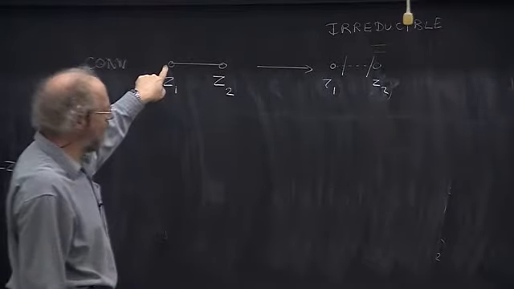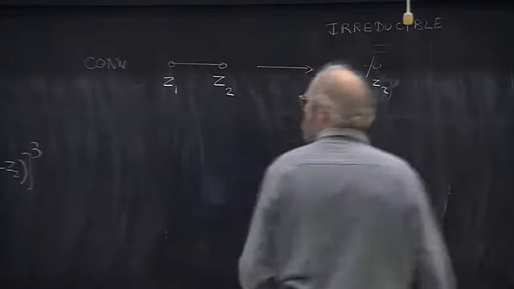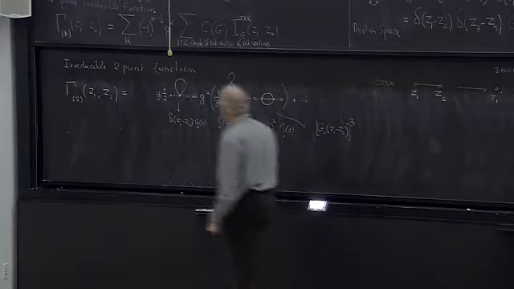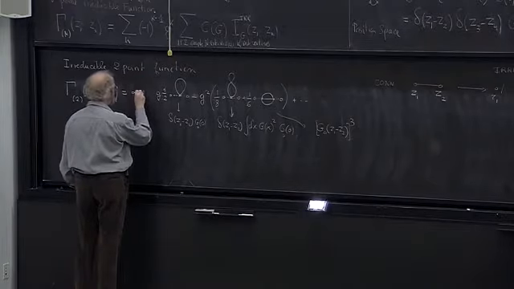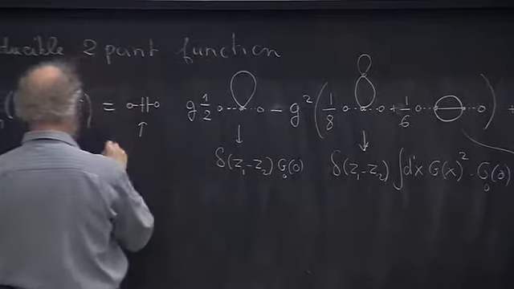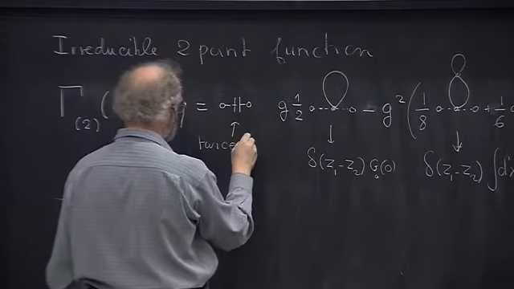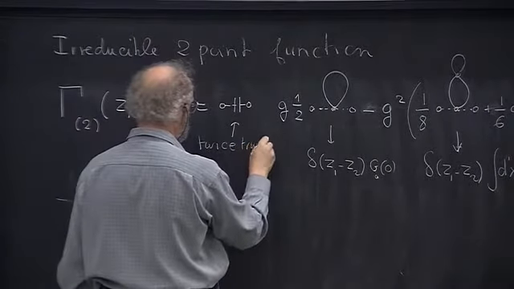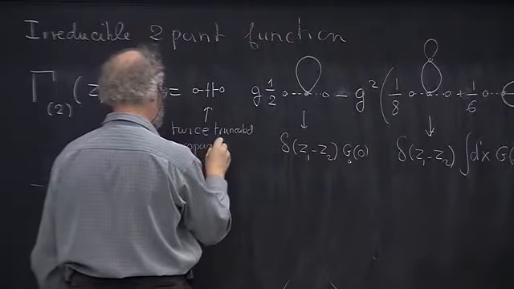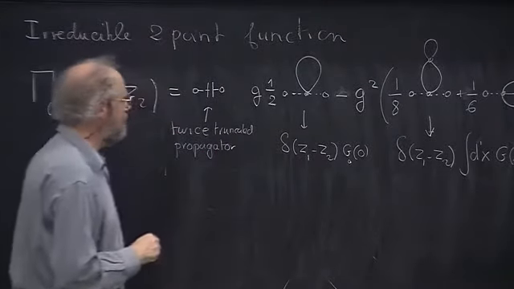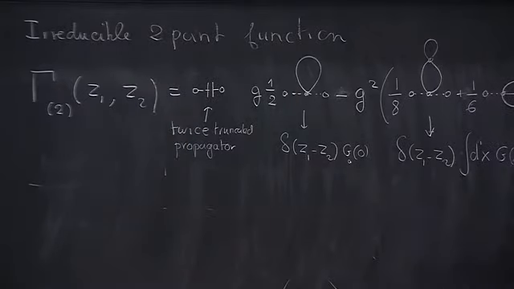You see? So take as a definition, we have somewhere here an object which is the twice truncated propagator. And it has to be defined properly.